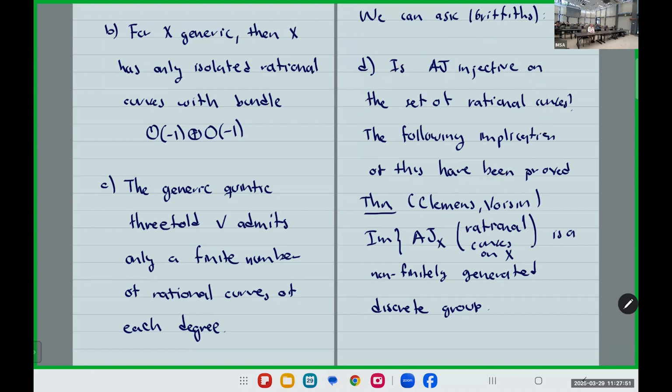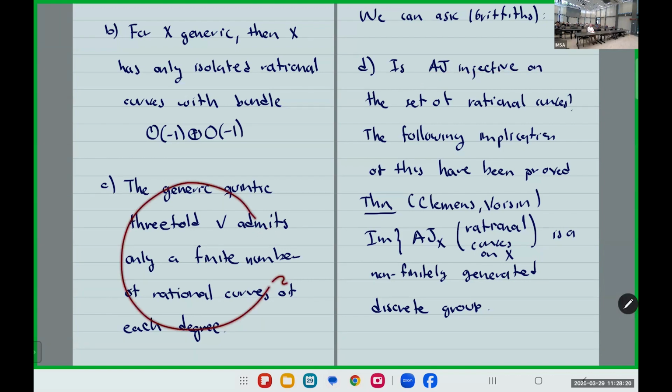So the next question is if we can have something like this also in the relative case. Using this relative Abel-Jacobi map, and considering rational curves on the Fano threefold, let's say intersecting the boundary transversally at the same set of points, is the image by this Lewis relative Abel-Jacobi map injective on this kind of curves?